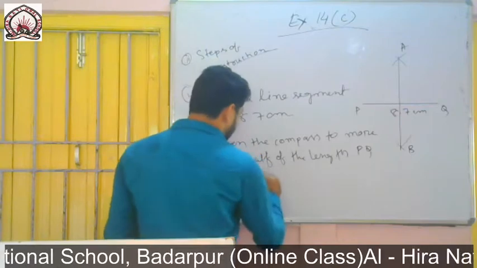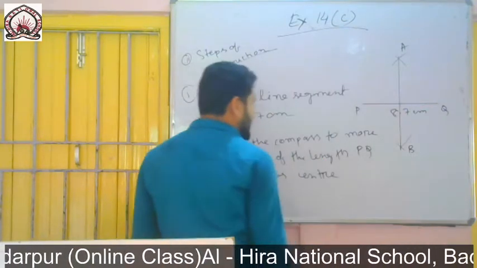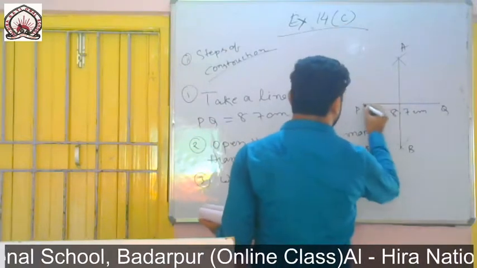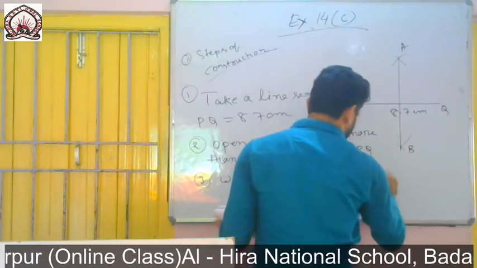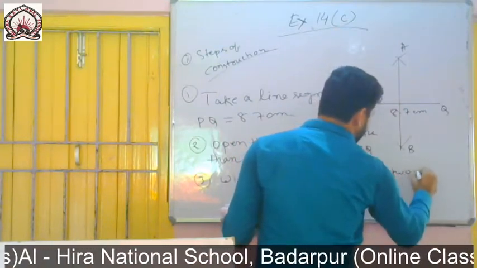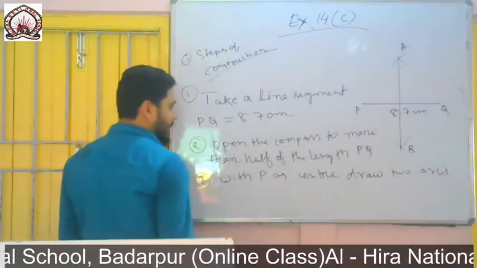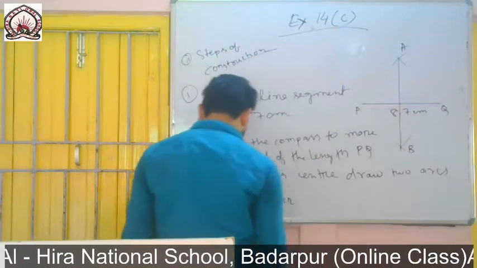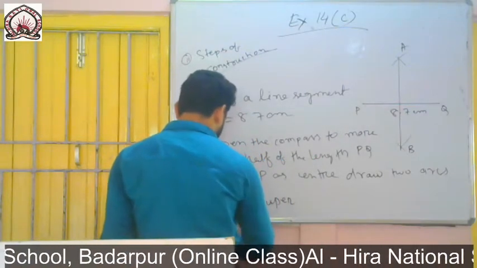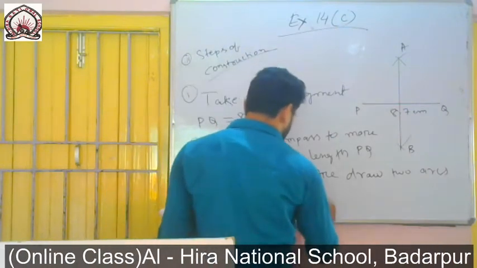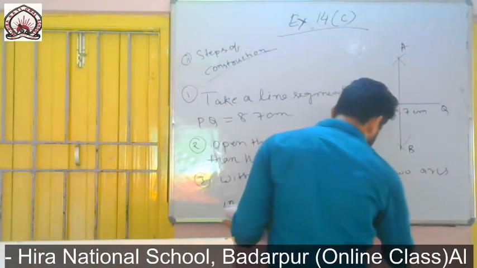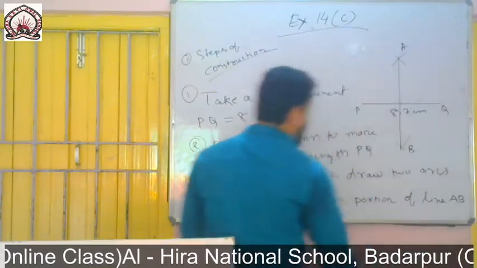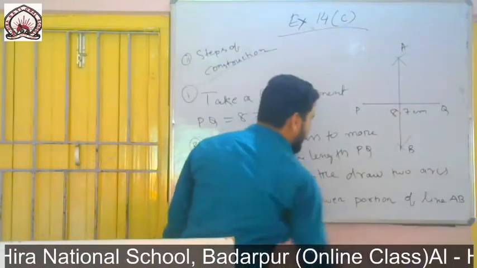Number 3, with P as center, that means you place the compass needle here, by taking the center as P, draw two arcs in the upper and lower portion of line PQ.